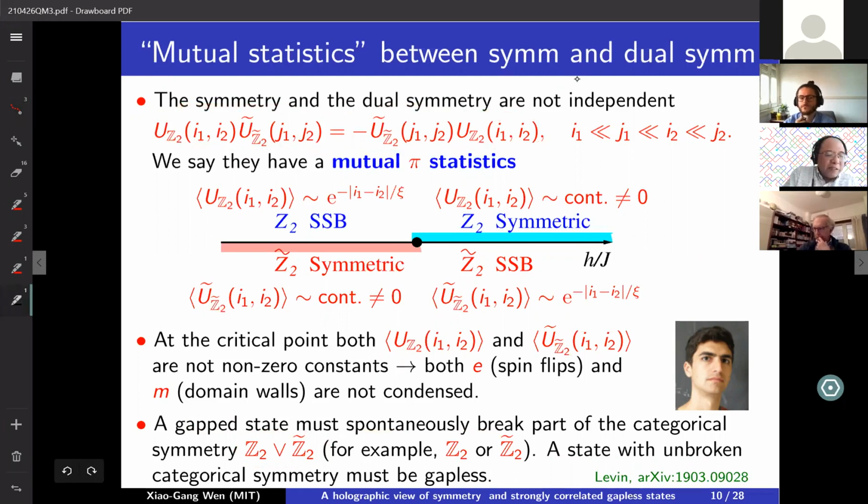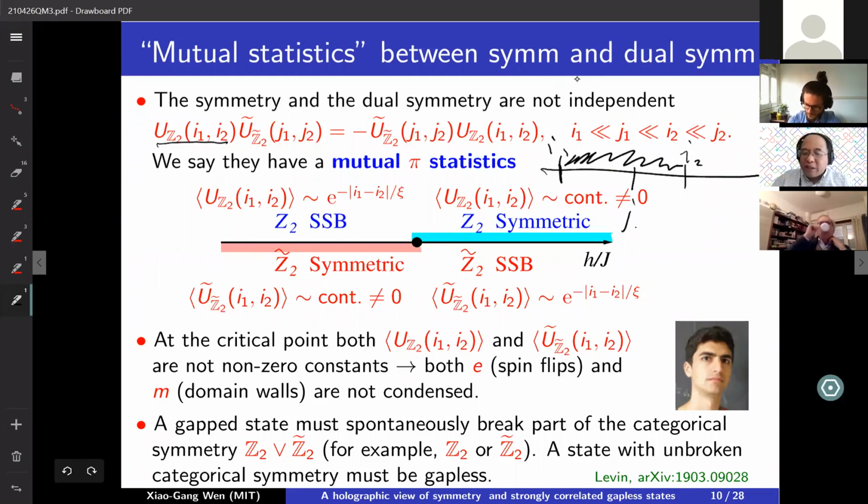Let me draw this more clearly. We have this I1 and I2, which is a patch operator of a symmetry like a Z2 symmetry. Then we have this J1 and J2 arranged this way, which is a patch operator of the Z2 dual symmetry.